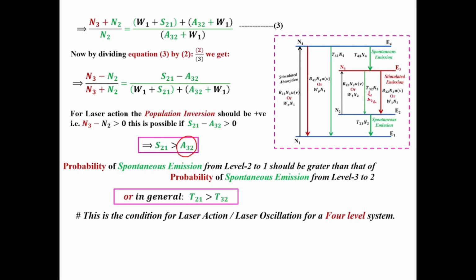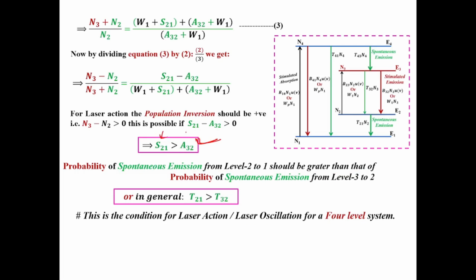This is your A32, because this is the radiative transition, also spontaneous. A32 is nothing but spontaneous emission from 3 to 2. So if the spontaneous emission from 2 to 1 is greater than the probability of spontaneous emission from level 3 to 2, then laser action or laser oscillation will start for a 4-level system. So this is the condition.